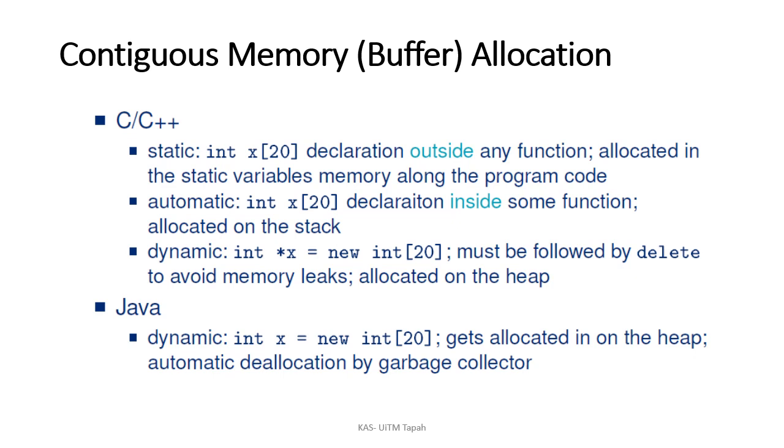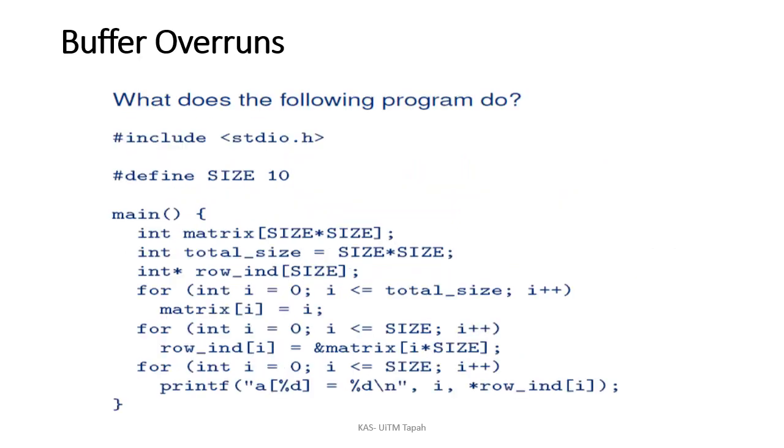And kita akan tengok macam mana memory buffer acceptance. Contoh in Java, kita buat dynamic integer x sama dengan new integer. Kita dah allocate a certain size of the array, so we get allocated on the heap, with automatic deallocation by the garbage collector.